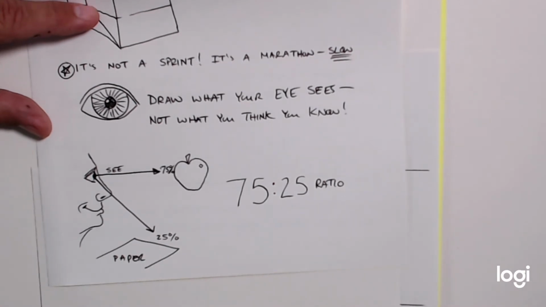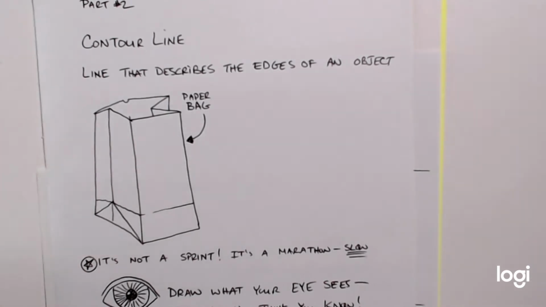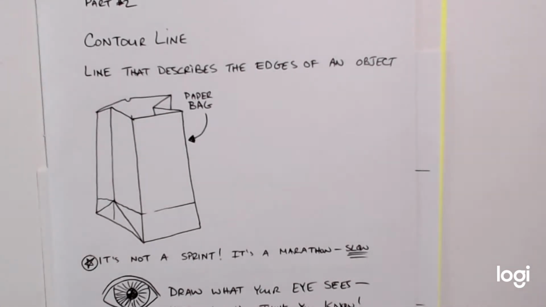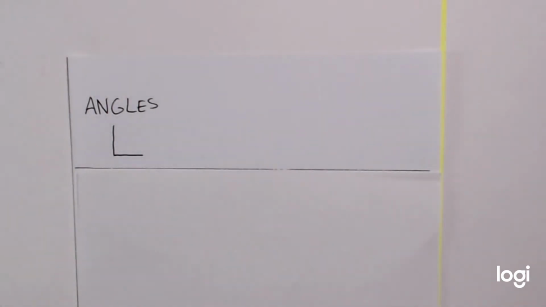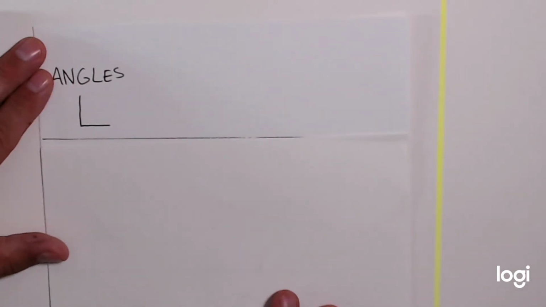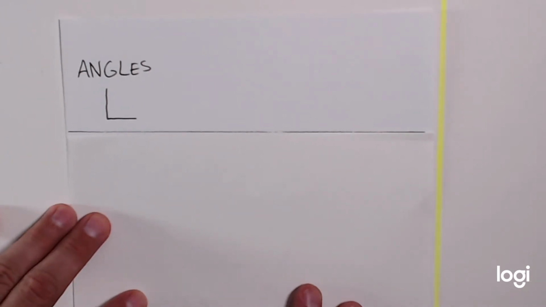Next, we're going to talk about some of the little nuances or characteristics of what can make a good contour line drawing. So let's take a peek over here. We're going to talk about angles. So we're going to need to understand what that means for our contour line purposes.